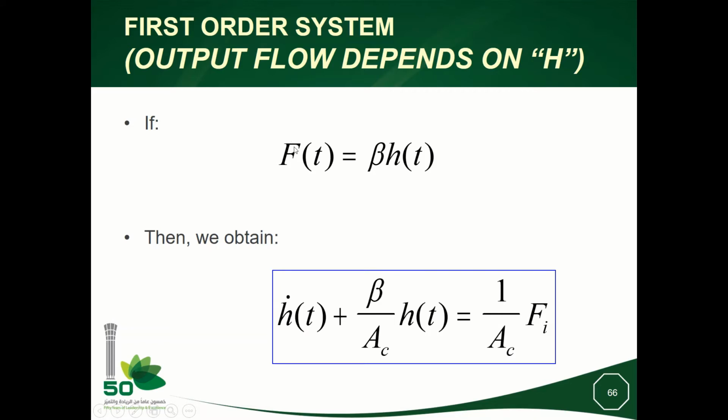If we assume that the flow at the output is beta h, here we will have h dot plus beta over Ac h equal to a constant multiplied by the flow at the input side. And this is a differential equation with respect to h, controlled by the input Fi.